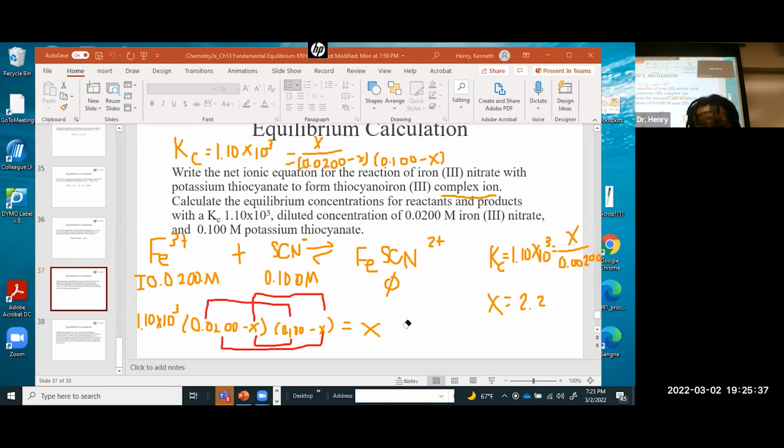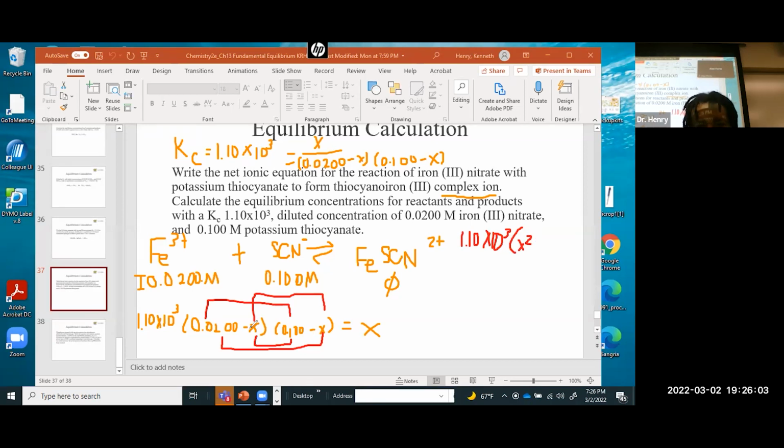Do you mind if I erase this part over here? So I have 1.10 times 10 to the third times x squared.